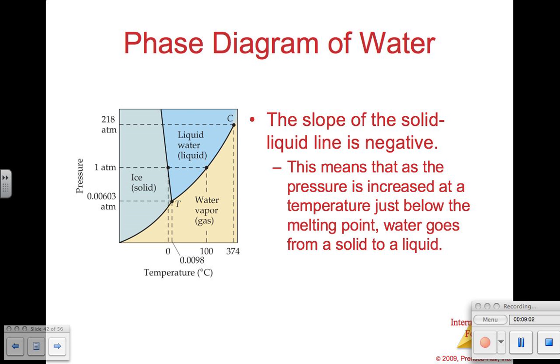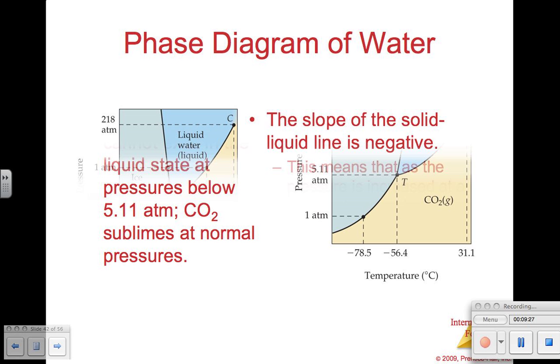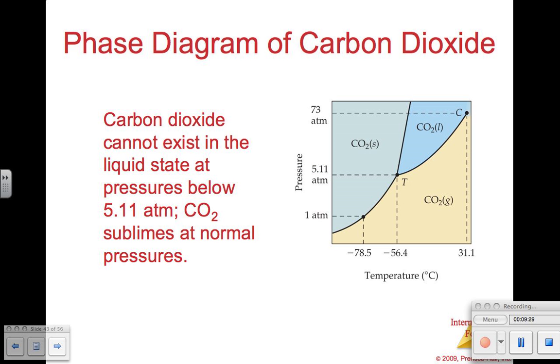But as the pressure increases for water, the water tends to stay or move into the liquid phase rather than move towards the solid phase. So this means that as the pressure is increased at a temperature just below the melting point, water goes from a solid to a liquid. So it moves into the liquid phase, which is different than most other substances.